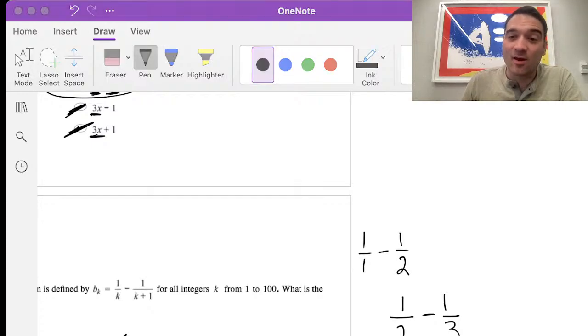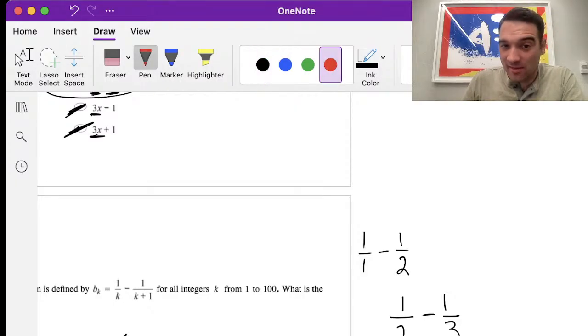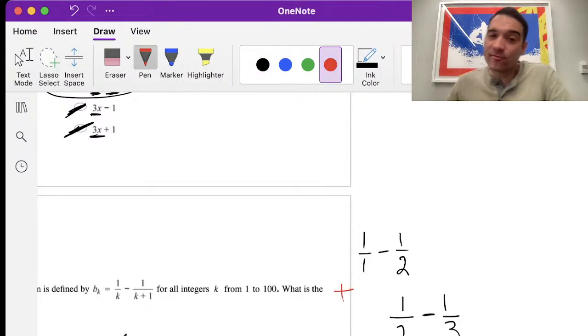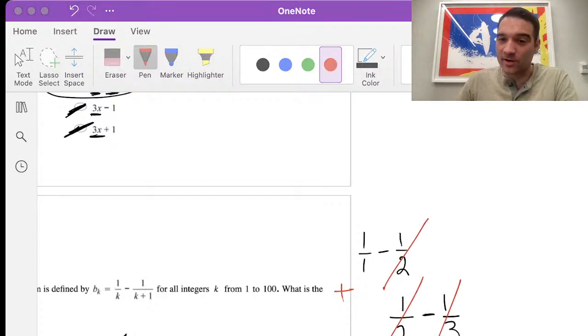And on and on and on. And when I add these all together, at every step, this is going to happen over and over again, right? The positive version of it is going to cancel out with the negative version of it.